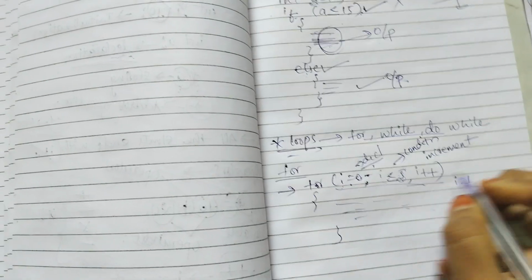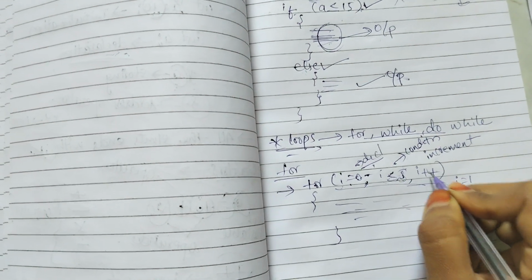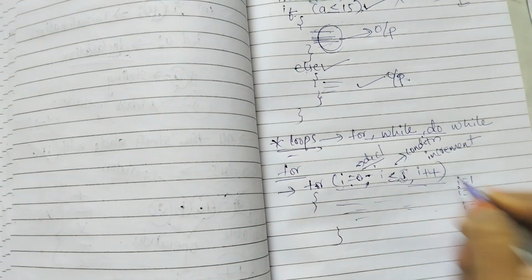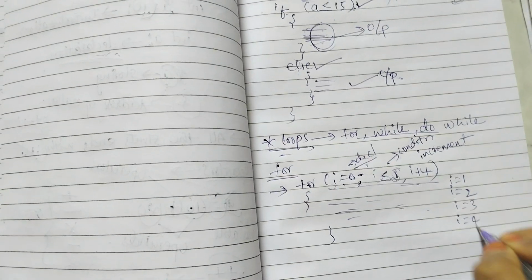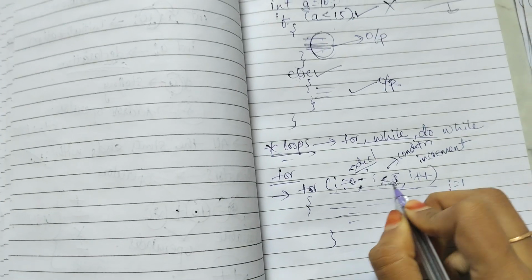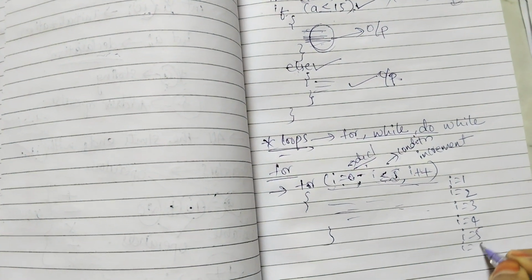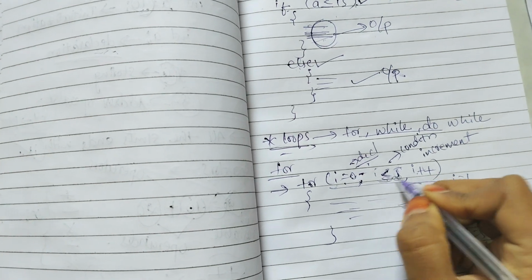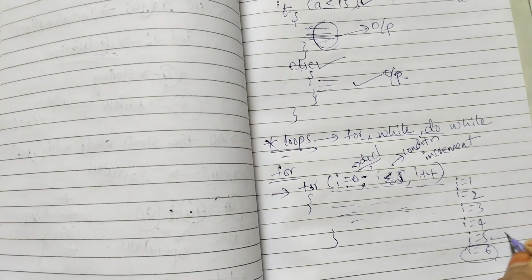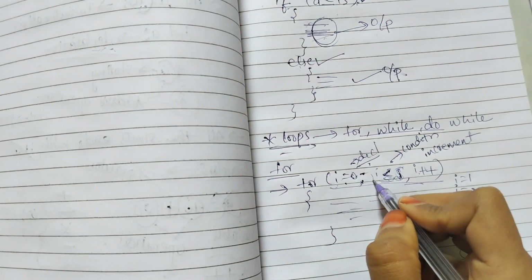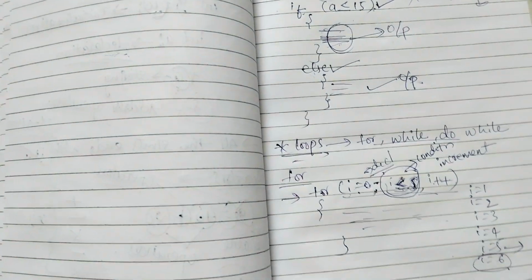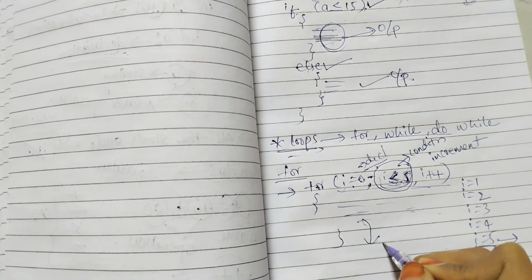It is less than or equal to 5, so it increments again: 2, 3, 4, and 5. Again it checks, i becomes 6, which is not less than or equal to 5. That's why it will not go to this step. It will stop here immediately, come out of the loop and exit.